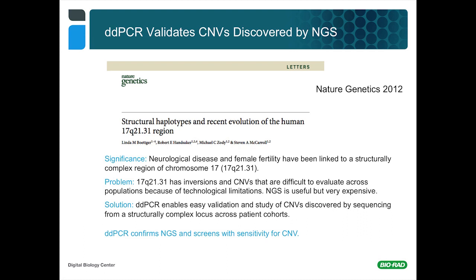And it's a complex region that has both, as I said, an inversion, and within that region there are multiple repeats, such that different individuals have different copy number states for each of those repeats. And I'm going to show you that in the next slide.